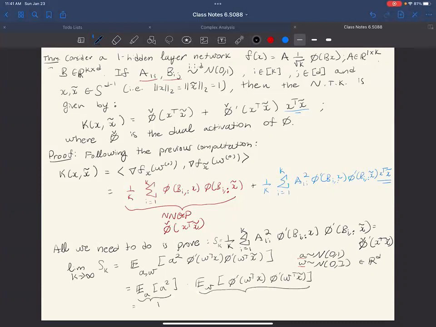Now this is exactly what we saw from before. It's another neural network Gaussian process, but now with just the derivative of phi instead of phi. So this is the neural network Gaussian process of this network with activation phi prime. But remember, when you have the dual activation, this was the key property I mentioned in the last lecture: the dual of phi prime is exactly the derivative of the dual of phi.